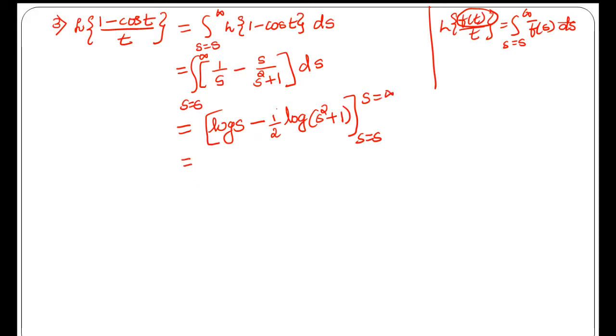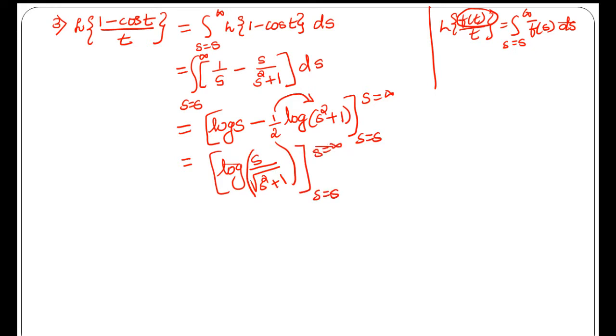Before applying the limit, I will take log s plus (s square plus 1) to the power 1 by 2 and apply the log m minus log n formula, that is log of m by n: s divided by the square root of s square plus 1. Apply the limits from s to infinity.